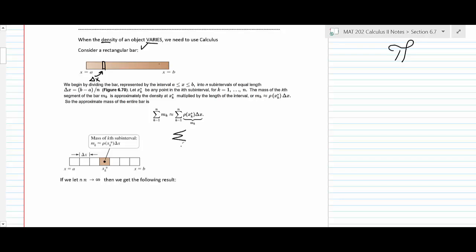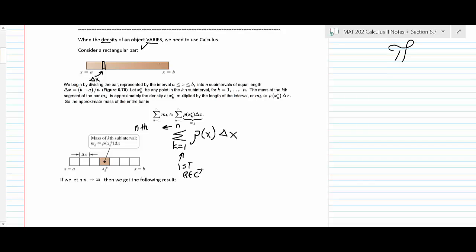So you have the sum from k equals 1, which is your first rectangle, to n, your nth rectangle, and then you're doing rho, which could be represented as a function typically. If you have variable density, one of the things you try to do is represent that density with some sort of function. Then you have delta x like that.